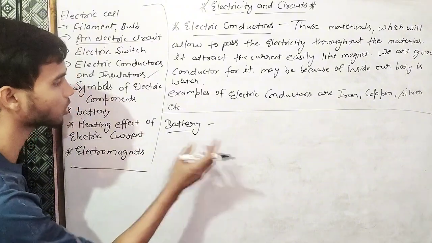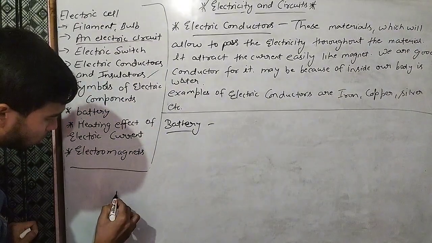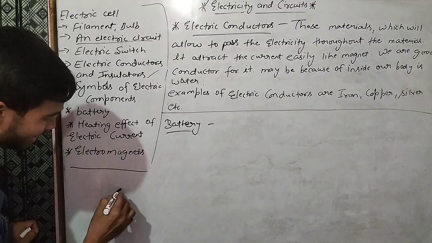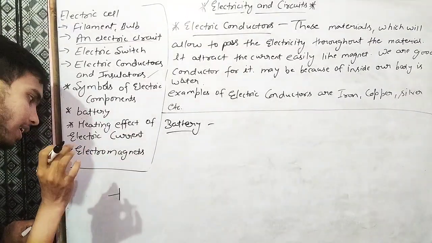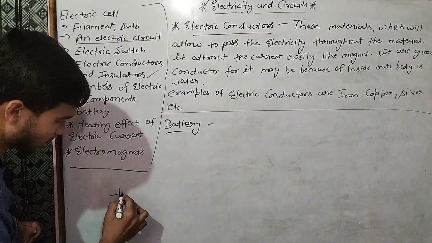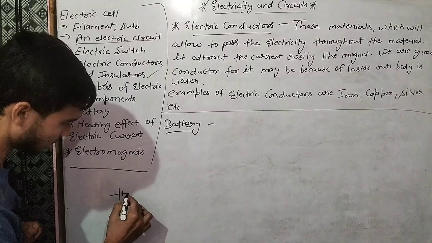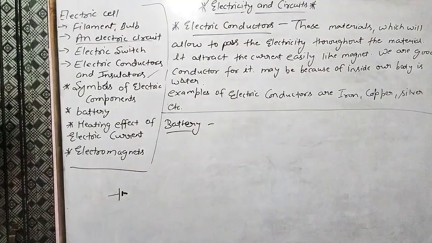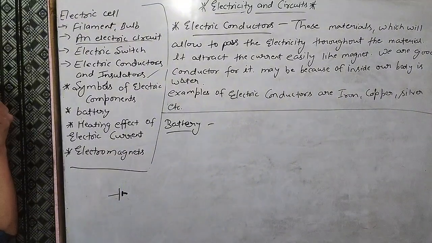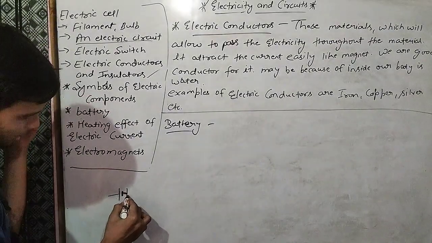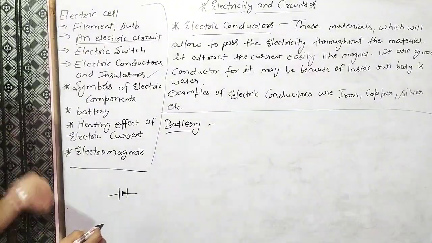This is the positive terminal of a cell, and this is a negative terminal of an electric device. Similarly, like this we'll see.